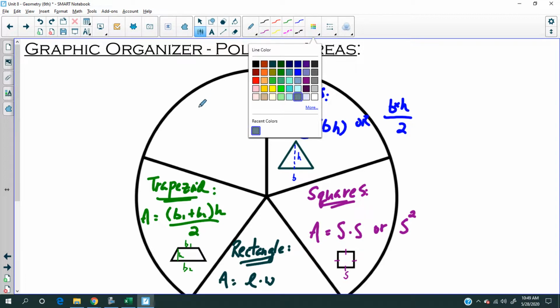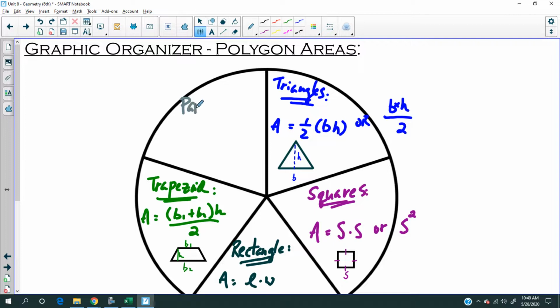Okay, so what's the shape? Parallelogram. Not the toughest formula to remember, but probably by far the toughest word to spell. Okay, so what is it? Area is base times height in a parallelogram.